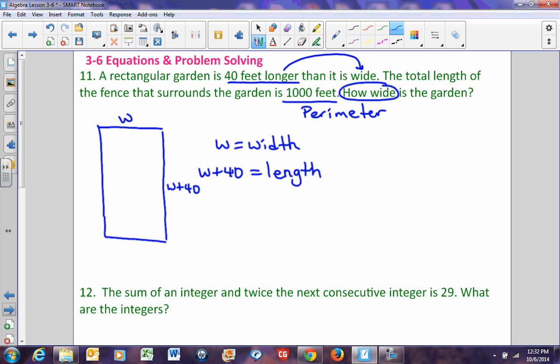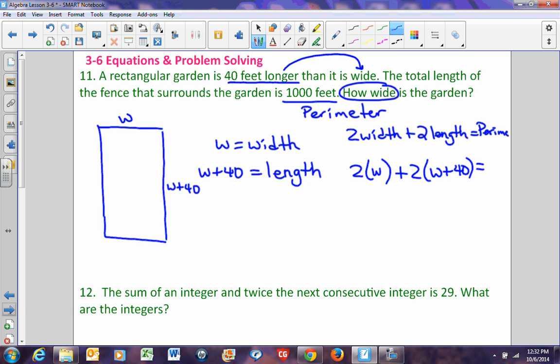In other words, 2 widths plus 2 lengths equals perimeter. So 2 widths, 2 times W, plus 2 lengths, 2 times W plus 40, equals my perimeter, which is 1,000.